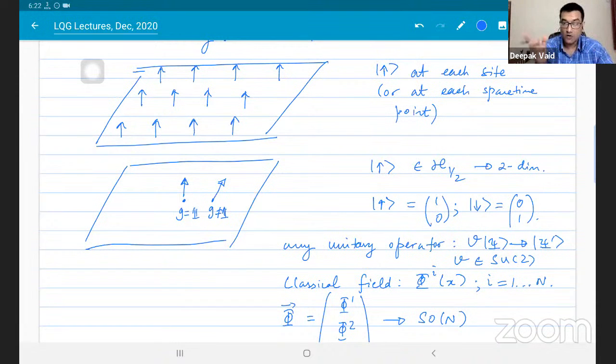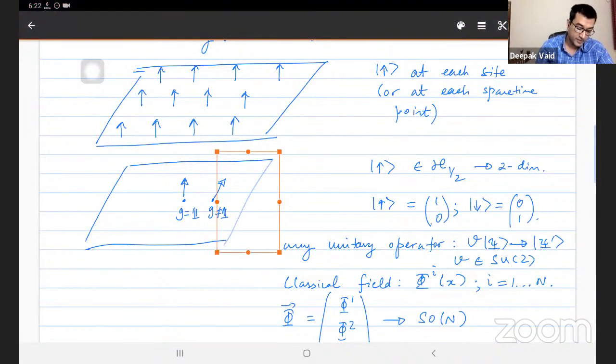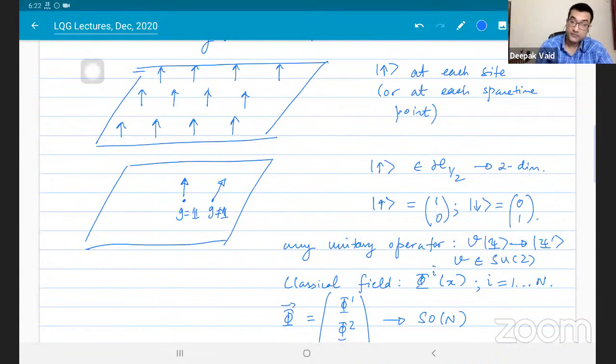So the question becomes, how do we compare? If you are in a curved manifold in general, this spin is at one point, this spin is at another point, so how do you compare these spins? Because they live in tangent spaces which are not the same. And that is where the notion of parallel transport will come into play. We'll come to that also. You can imagine that this gauge transformation is a field, and as a field, it rotates all the spins by some amount in this internal space.